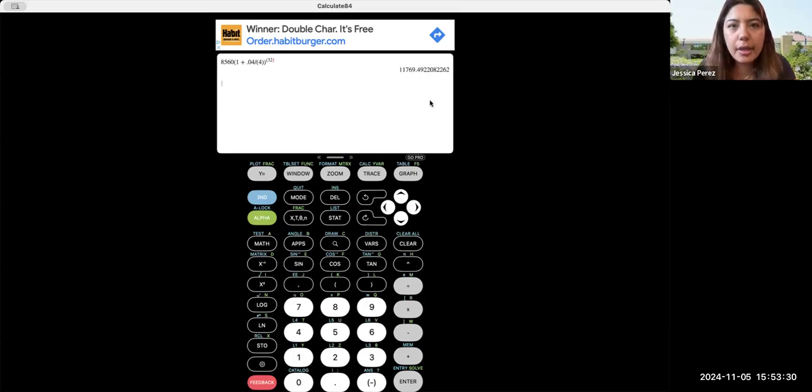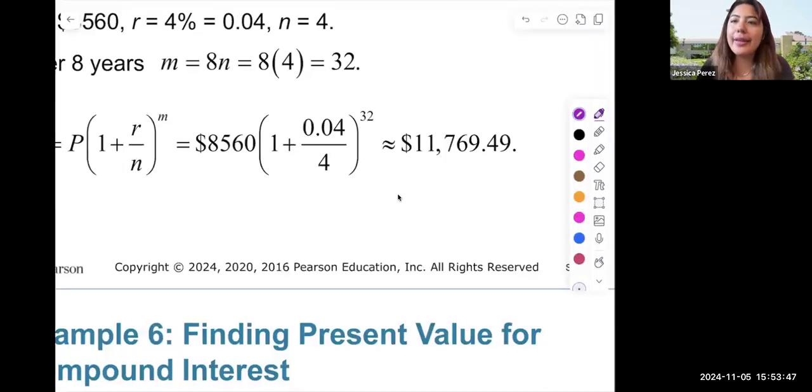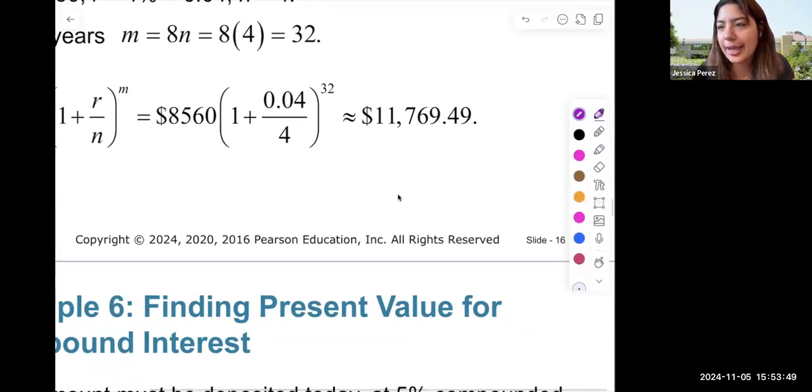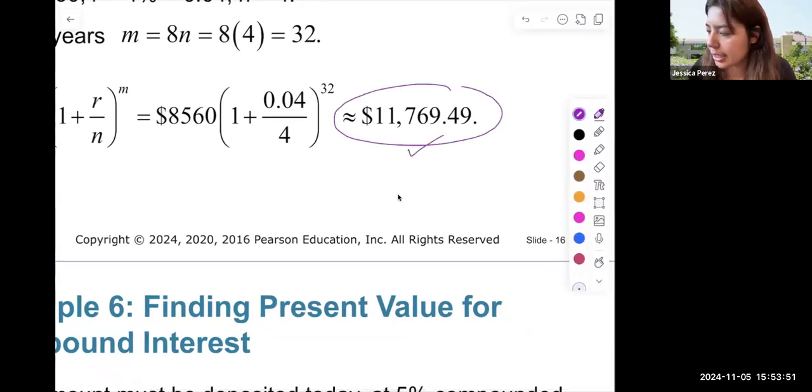And that should give me 11,759.49. When I plug that in my calculator, I get 11,769.49. So this is the future value for my compound interest, quarterly.